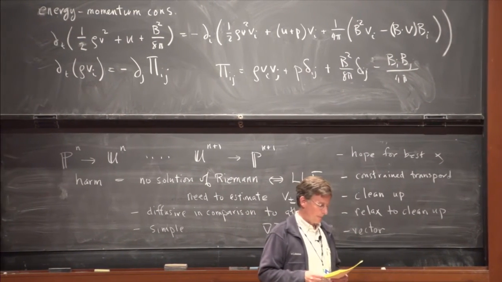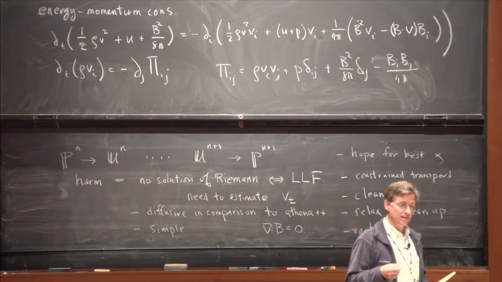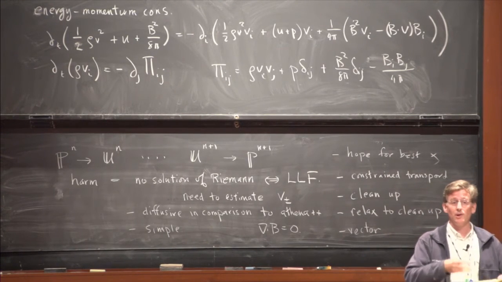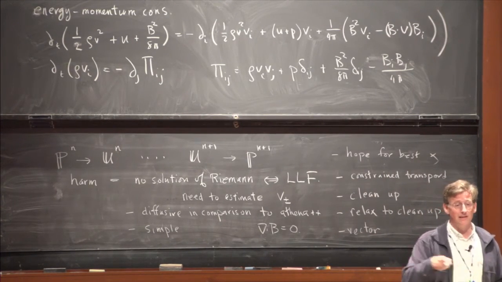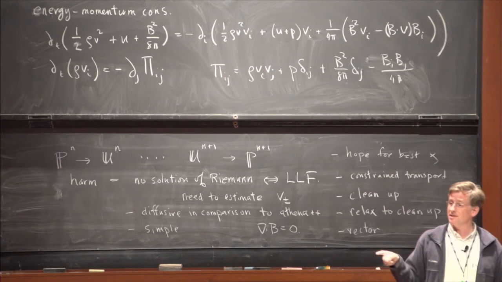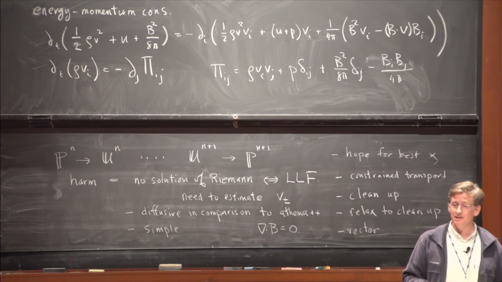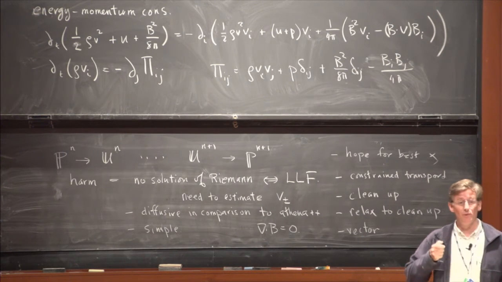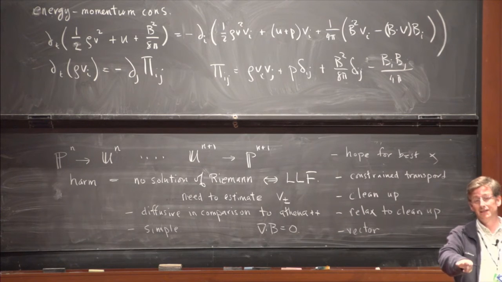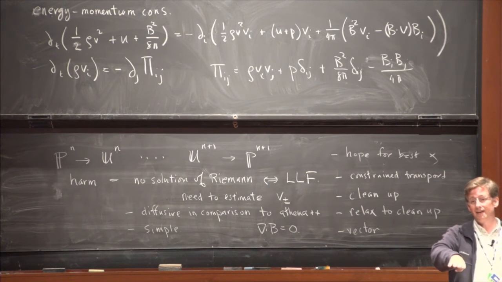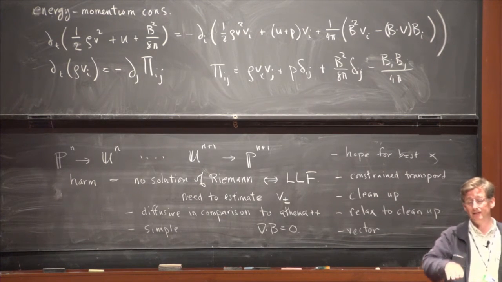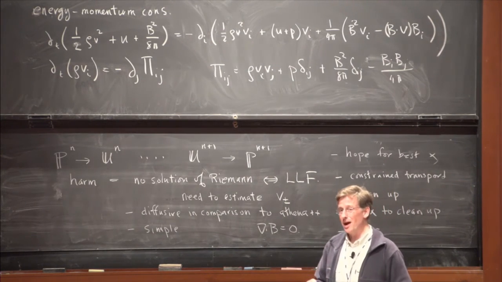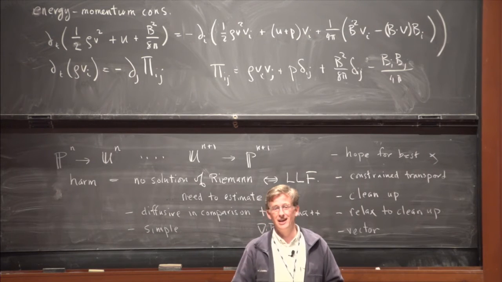And to prevent this, most codes impose constraints on the solution. So you finish your time step and inspect the values of the density, and you find a negative density, and then you go in and you impose what's called a floor, which simply involves moving that negative value back to a respectable positive value. Now, why on earth would I be allowed to do this?